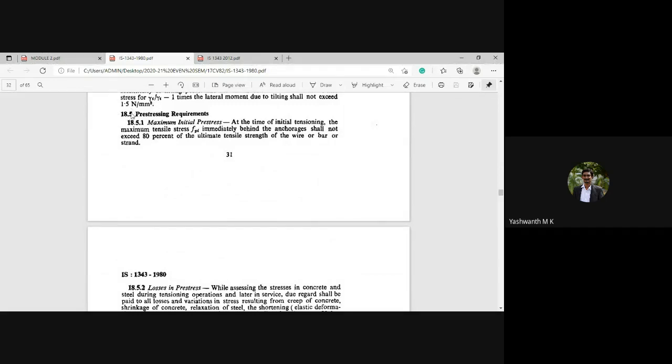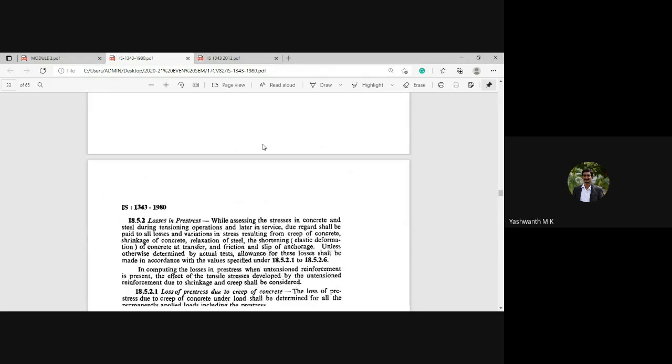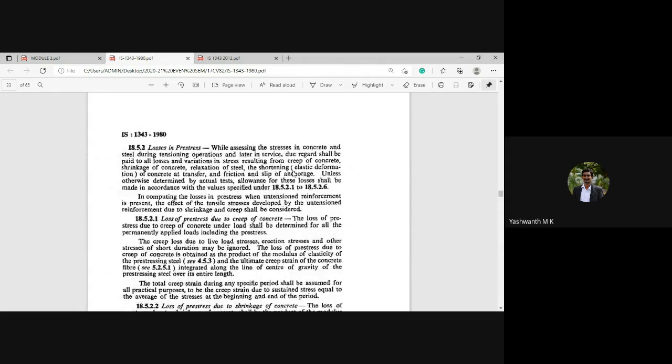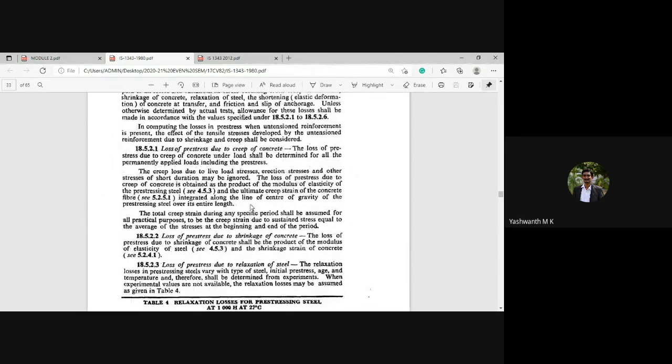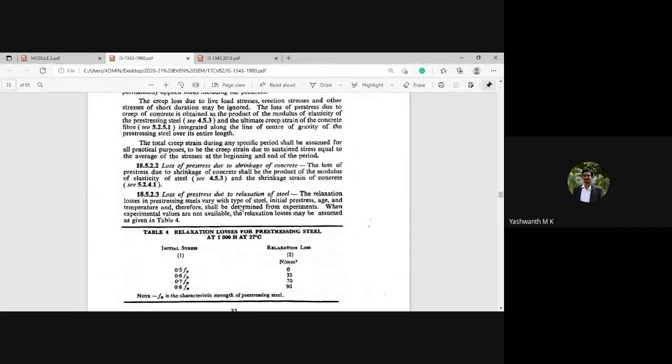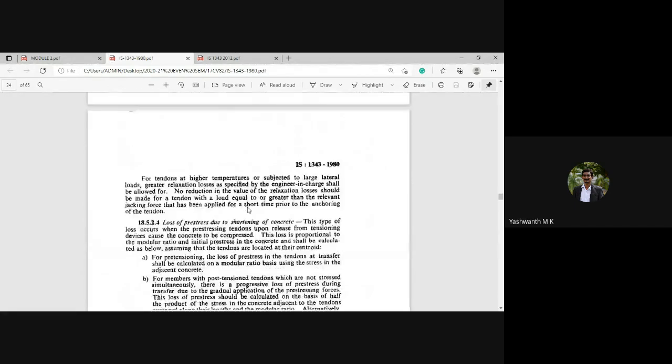In 2012 it was clause 19.5 on page number 25, and here it is page number 31. All these clauses read the same, with no changes. All other things remain the same with slight modifications.